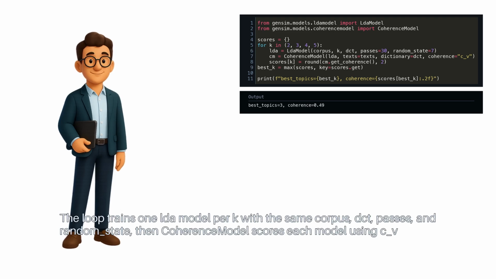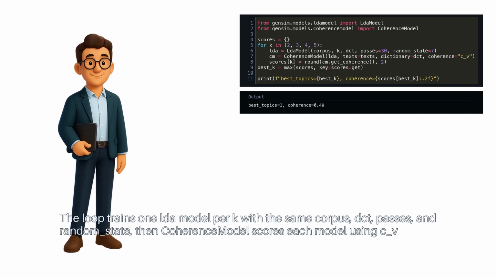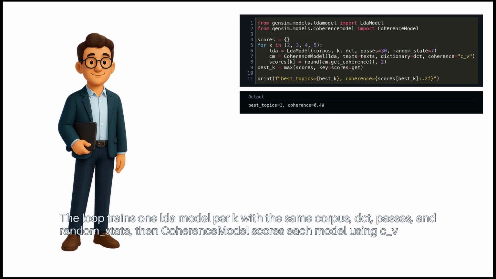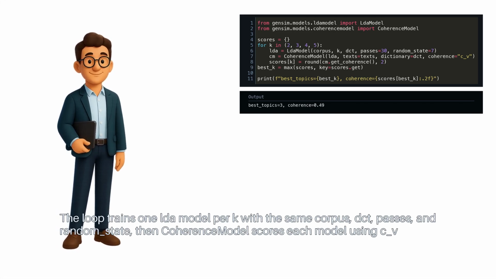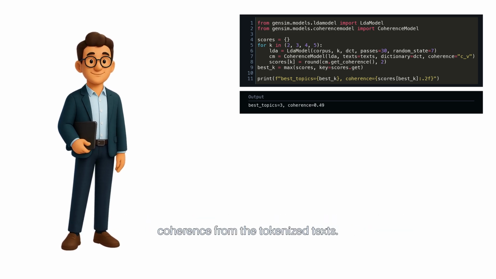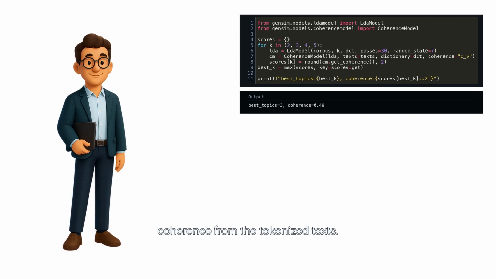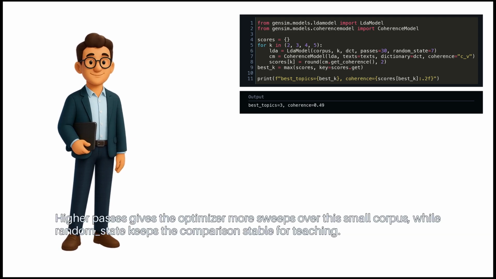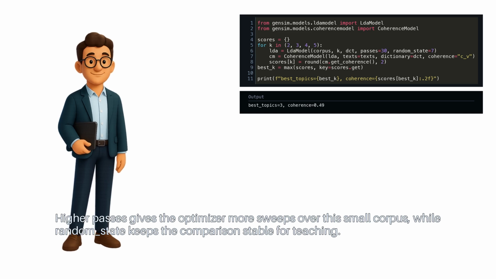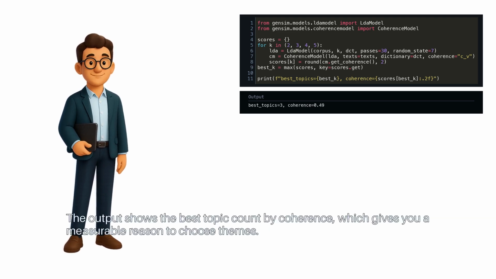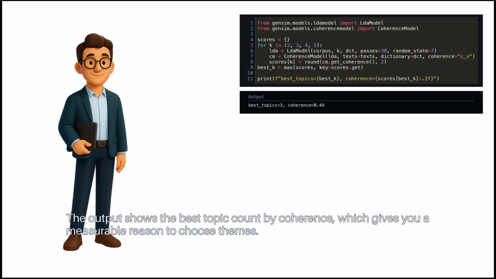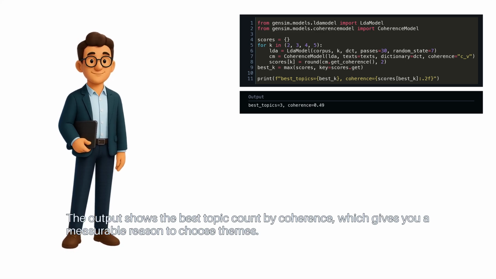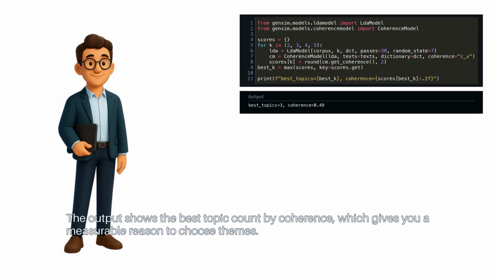The loop trains one LDA model per K with the same corpus, dictionary, passes, and random state. Then CoherenceModel scores each model using c_v coherence from the tokenized texts. Higher passes gives the optimizer more sweeps over this small corpus, while random state keeps the comparison stable for teaching. The output shows the best topic count by coherence, which gives you a measurable reason to choose themes.